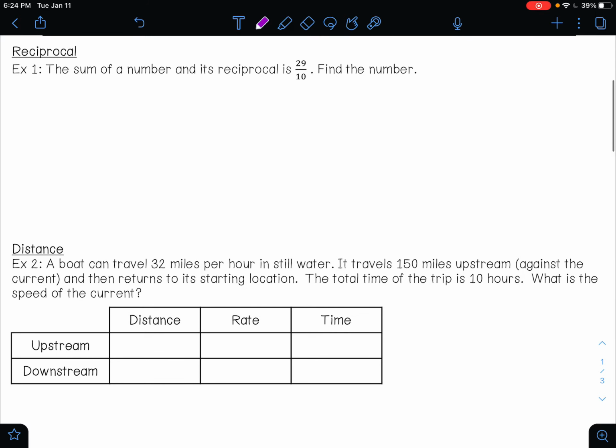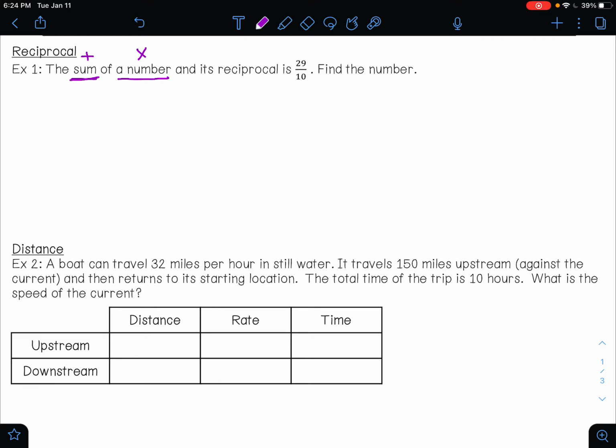It says the sum of a number and its reciprocal is 29 over 10. Find the number. Well, the first thing I read is the sum. Sum means that we are adding. The sum of a number. I don't know what the number is, so I'm going to let that number be x. You can choose whatever letter you'd like for your variable.